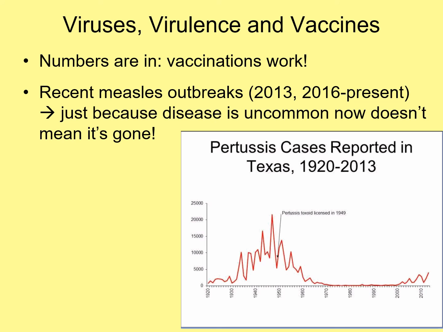Then in the 40s, you get the baby boom, right? More people, more crowded conditions, and so great conditions for transmitting a virus around. You notice the whooping cough vaccine was developed right around 1949, 1950. And oh, look, things start falling off and down to close to zero.